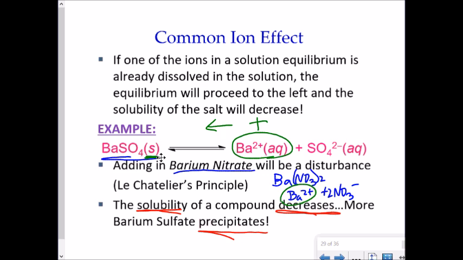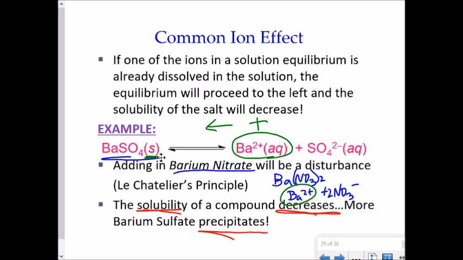Keep that in mind. So try to think of this conceptually. Our salt will start to fall out of solution. That's another way to say that: that precipitation falls out of solution, and we end up making our salt less soluble.